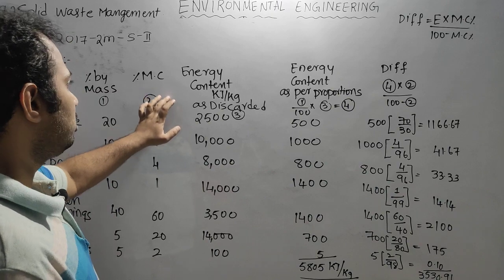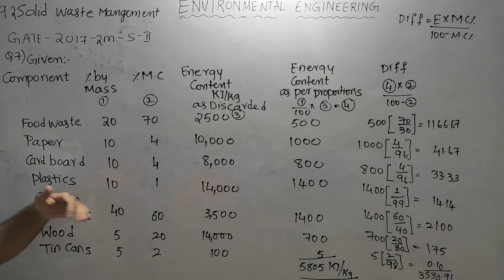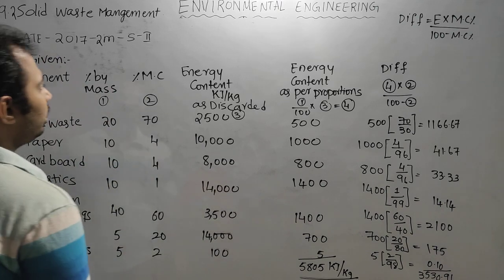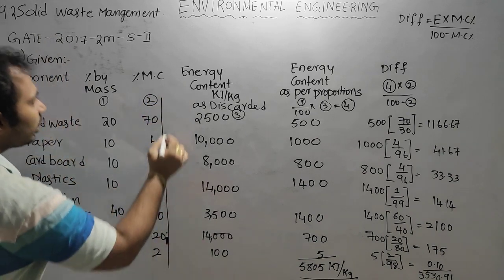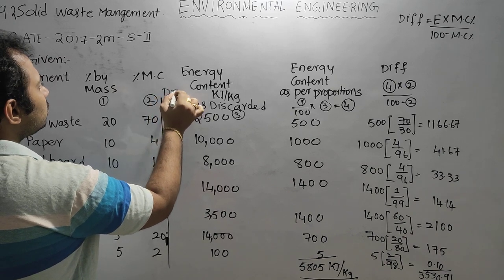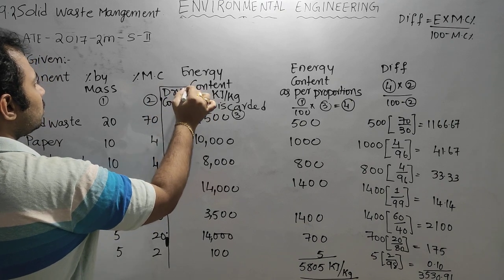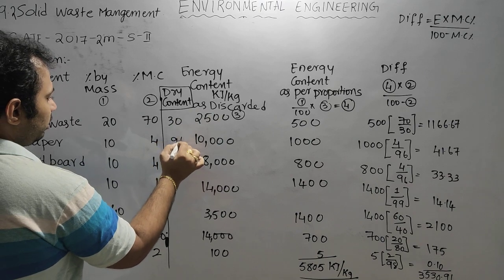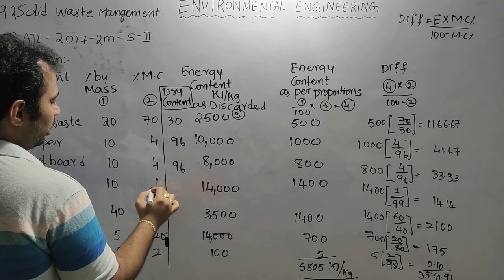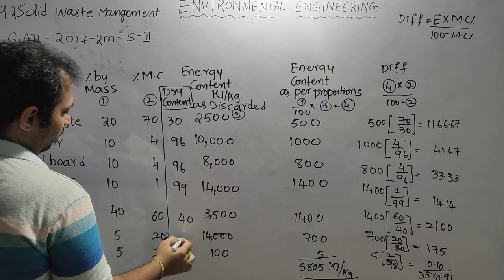Now if you look at the moisture, from here I can find the solid content. If you deduct 100 minus moisture, then it is called dry content. So we will get the dry content. If you see, 70 gives 30, 4 gives 96, 1 gives 99, then 60 gives 40, and 20 gives 80.